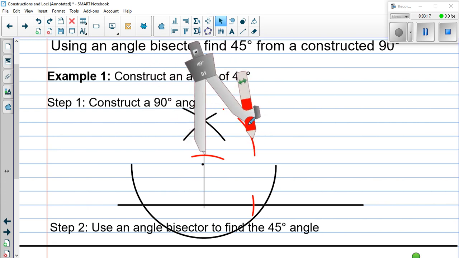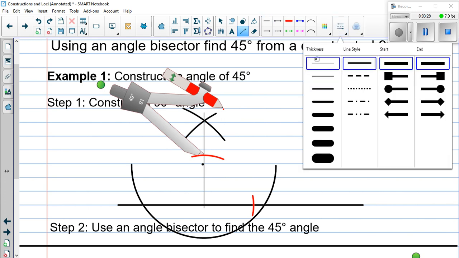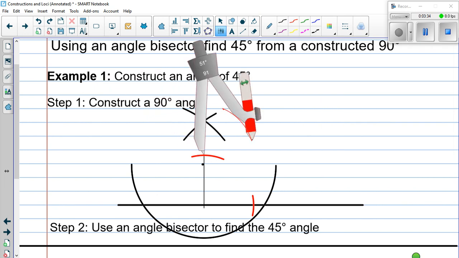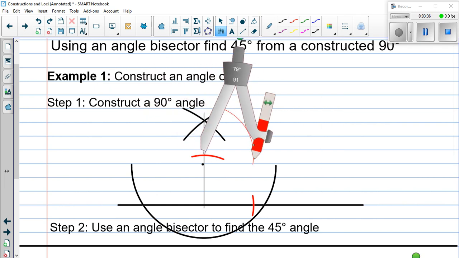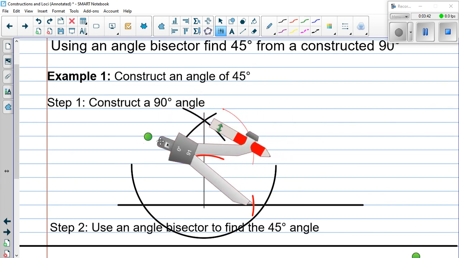Okay? Mine's a little bit off, so I'm actually just going to go back and fix my compass position. And make my line a little bit smaller because I had forgotten to do this before. Okay, so there we go. And drawing our arc. And similarly, repeat this angle bisection for over here.